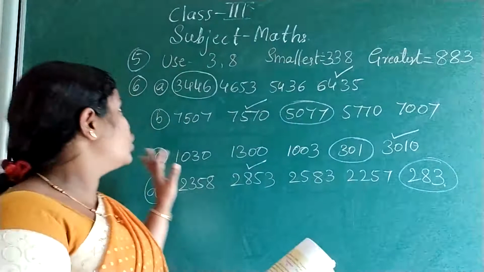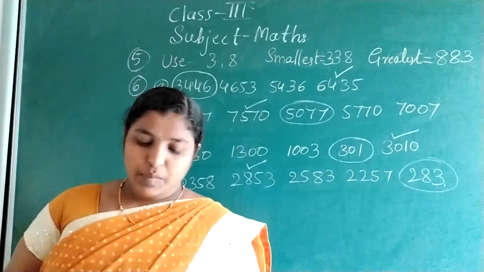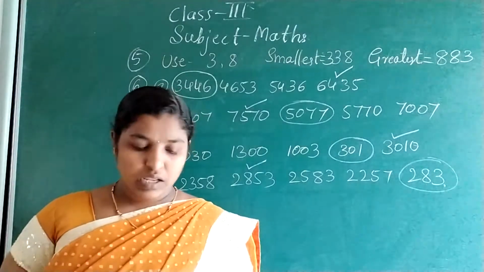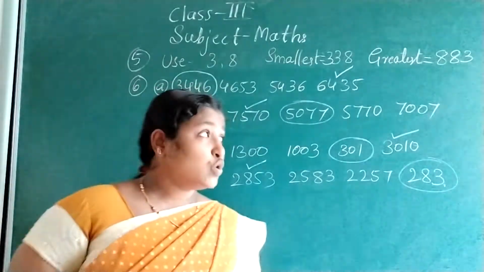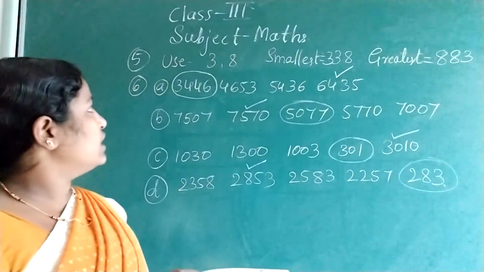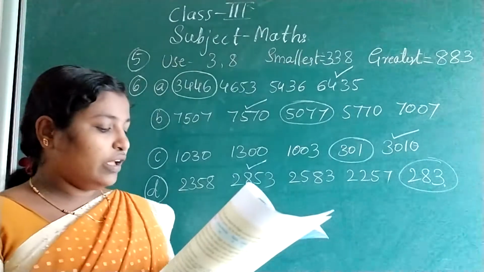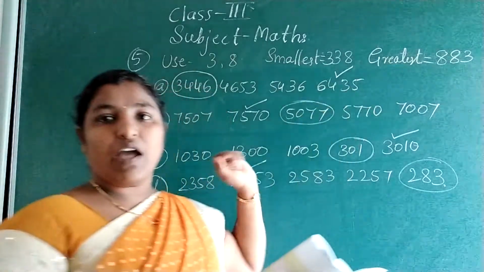This is question number 6. Tick the greatest number and encircle the smallest number. A, there were 5 numbers. So the smallest number is 3446 and the greatest number is 6435.